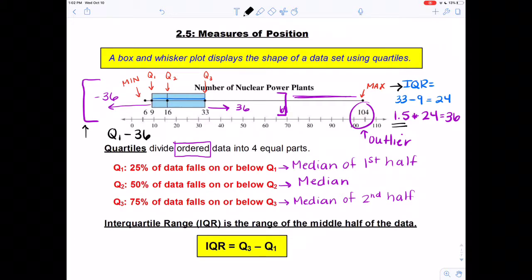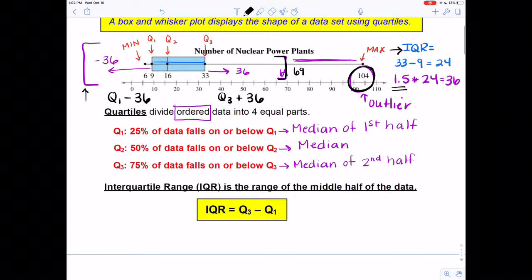But on the high side, when I took Q3 and added that value of 36, it put me right here with a fence at 69. So anything past that would be considered an outlier. And so that's why when I saw this number right up here, my maximum at 104, I know that's going to be an outlier, an extreme value, because it goes past the upper fence.